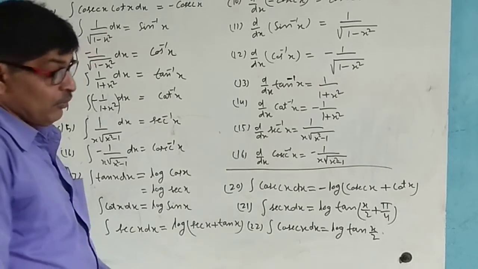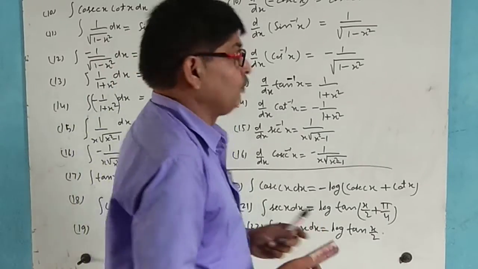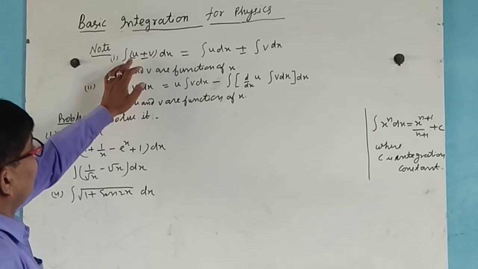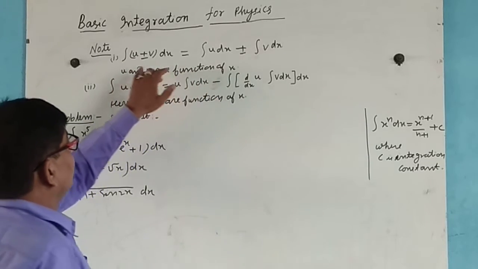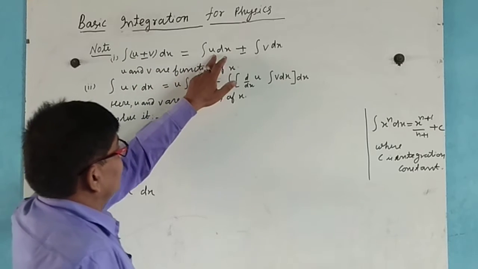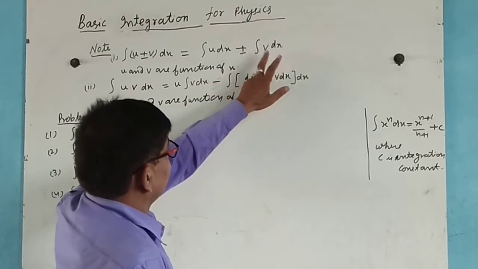Now we solve some problems. Here, if u and v are functions of x, then integration of u plus v can be written as integration of u dx plus integration of v dx.